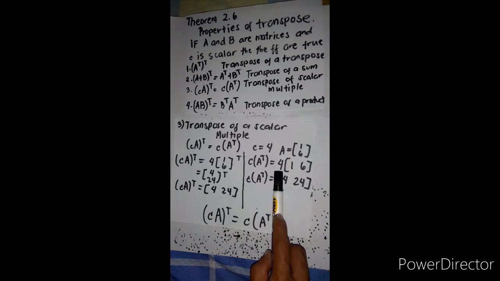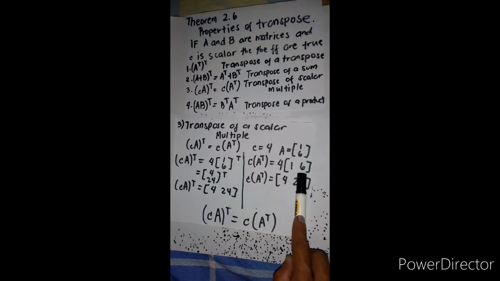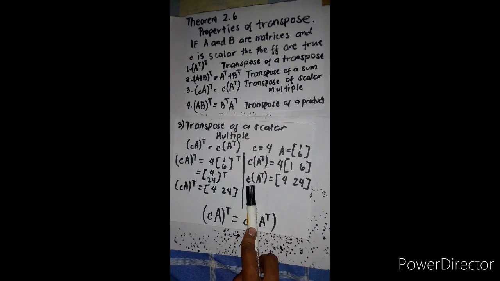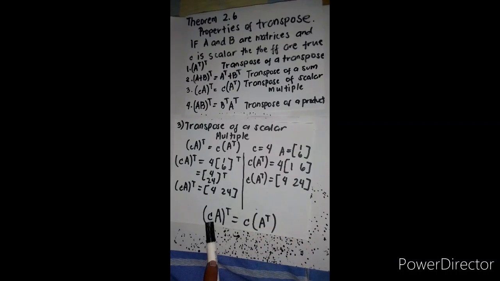So we get a value of 4 multiplied by 1 is 4, 4 multiplied by 6 is 24. Just like what you observe, the value of scalar C multiplied by matrix A transpose is equal to the value of scalar C multiplied by A transpose. So we can say that they are the same.